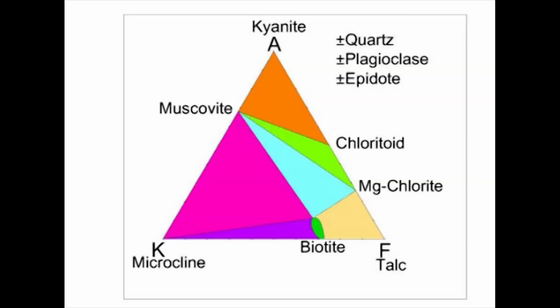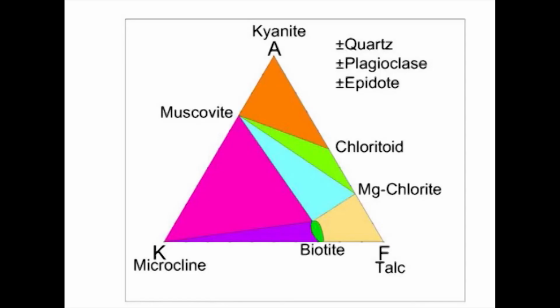Third assemblage is your chloritoid plus chlorite plus epidote plus or minus muscovite plus or minus albite plus or minus quartz, also known as chlorite chloritoid phyllite oblique schist. Assemblage fourth, chlorite plus or minus epidote plus or minus muscovite plus or minus albite and plus or minus quartz.